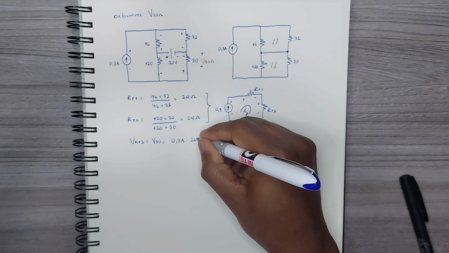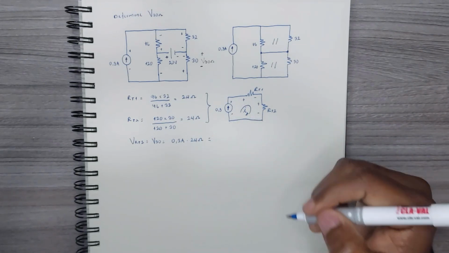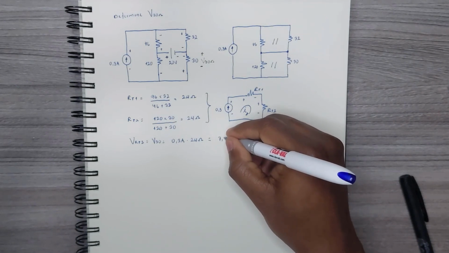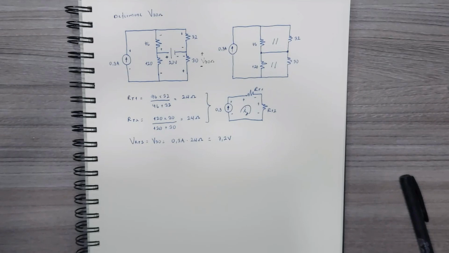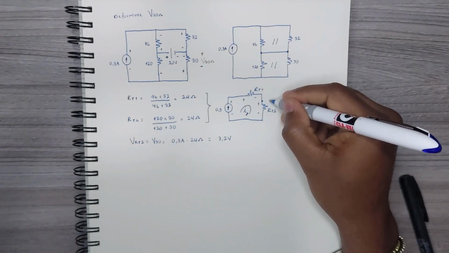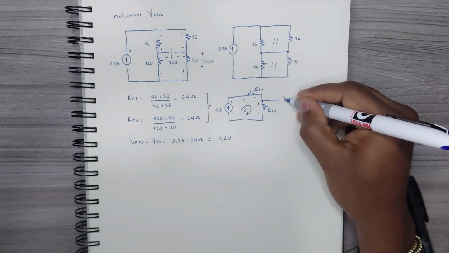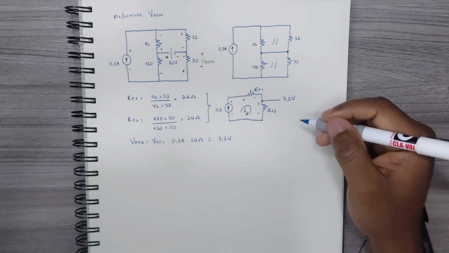So the voltage by Ohm's law is equal to 0.3 amps, that's the current in series, times 24 ohms, and that gives me 7.2 volts. This is the voltage across RT2 and also across the 30 ohm resistor, caused only by the current source.